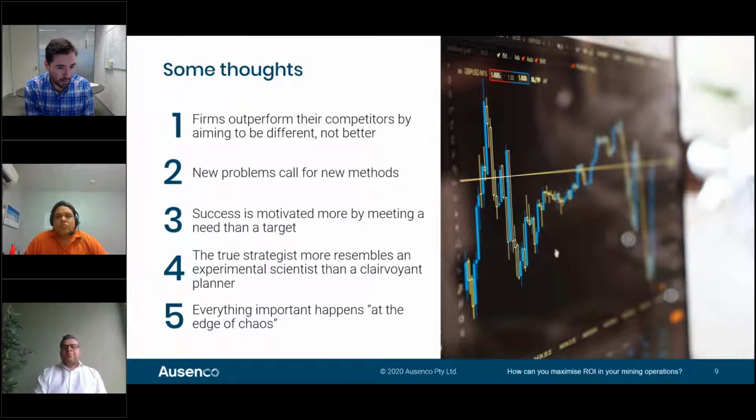The true strategist more resembles an experimental scientist than a clairvoyant planner, which I thought was an interesting one, that talks about how you don't need to have full confidence in all the details of what you're doing, but you need to make the right decisions for the right reasons. And everything important happens at the edge of chaos. So there's an element where everything that is just humming along stably in perfect control, although that's in some ways ideal, there's an element of that where if you are too comfortable, then you're not challenging what's possible.